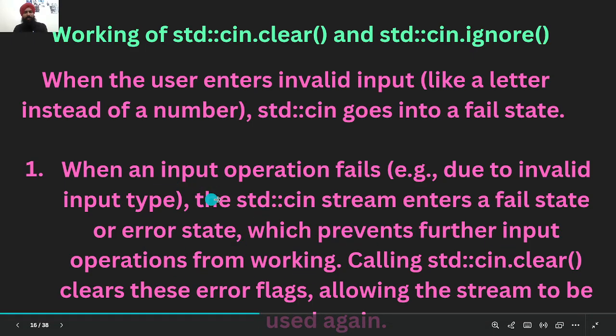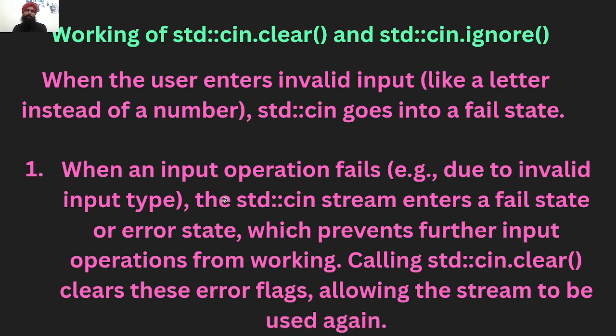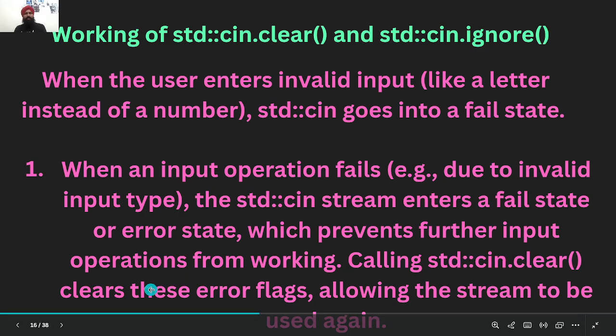So when the user enters one wrong value during std::cin when asked for values, std::cin enters the fail state, which prevents even further input operations from working. So we call std::cin dot clear, which clears those error flags, allowing the stream to be used again.